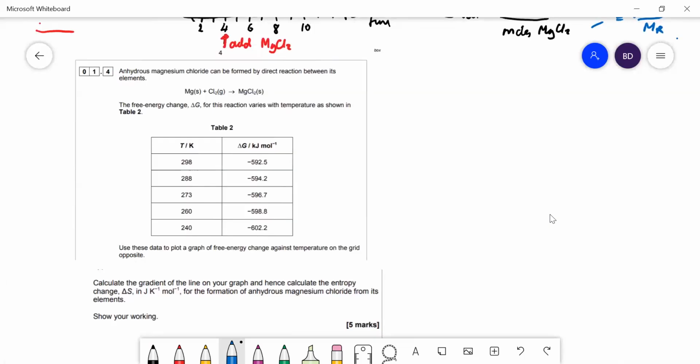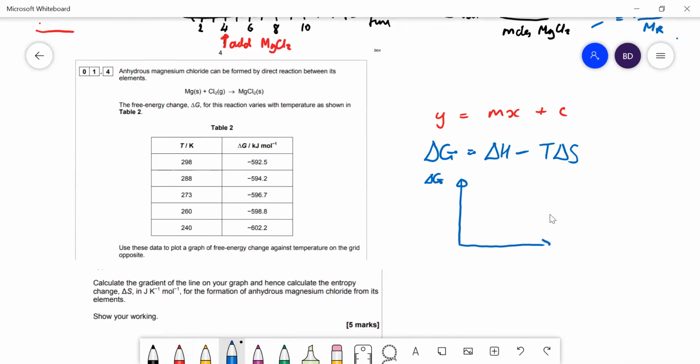So we know we need to say delta G is equal to delta H minus T delta S. So we plot a line. Let me just get in your equation of a straight line, mx plus c. So if we plot delta G on the y-axis, and we plot the absolute temperature on this axis here, we'll see we get a straight line.